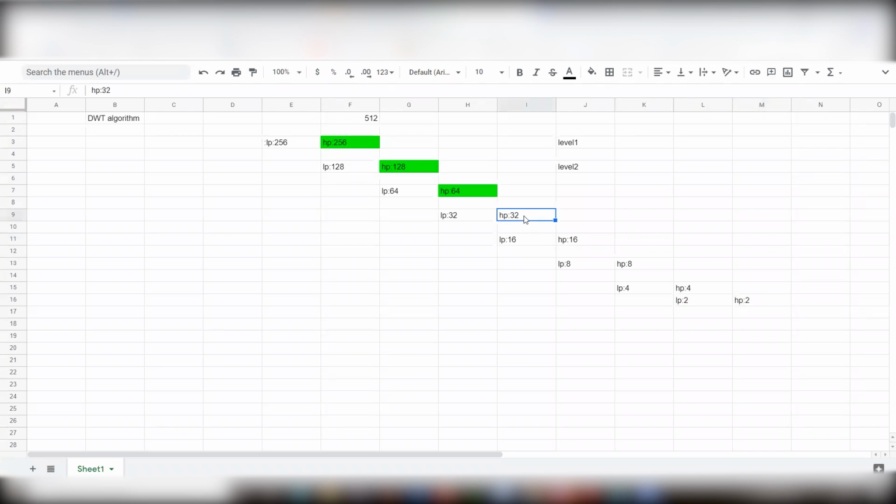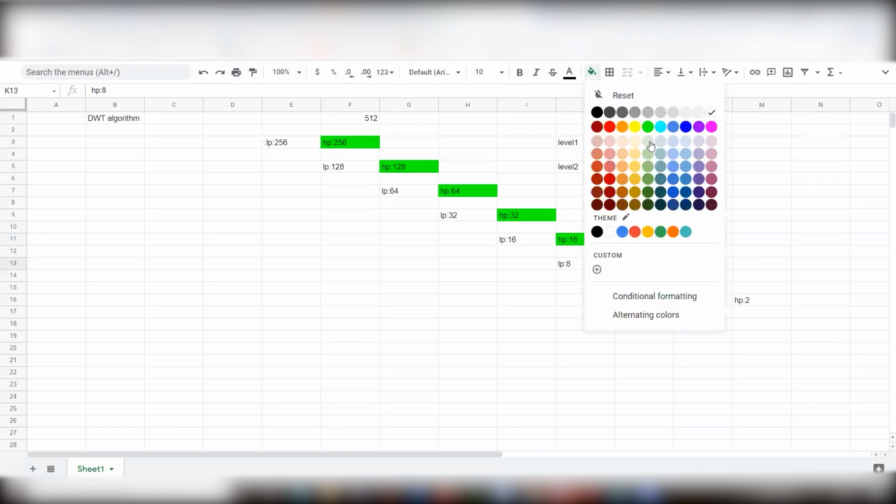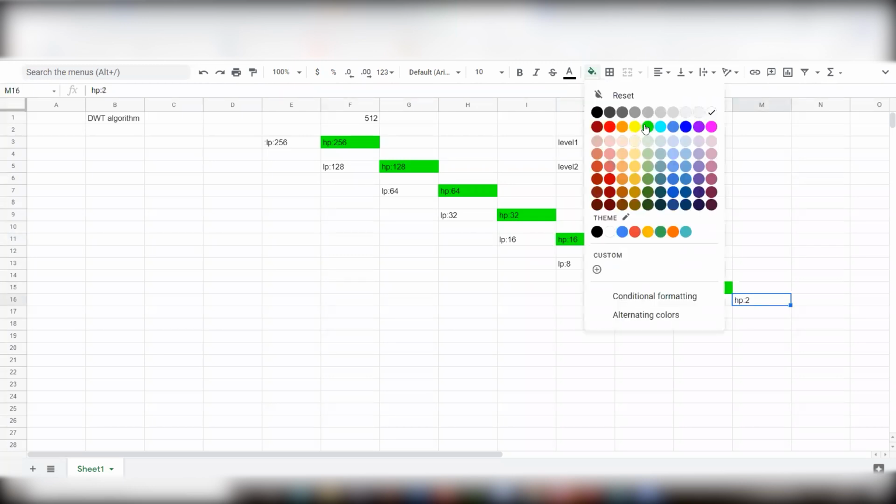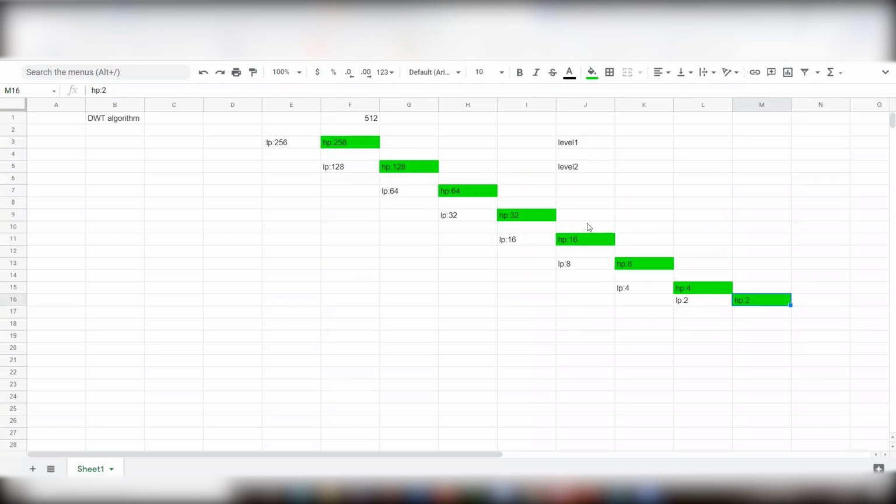Okay, so high pass and high pass. These are the signals that we will be capturing. These are the signals that we will be considering, because these are all high pass filters. So higher frequencies will be present in these samples.